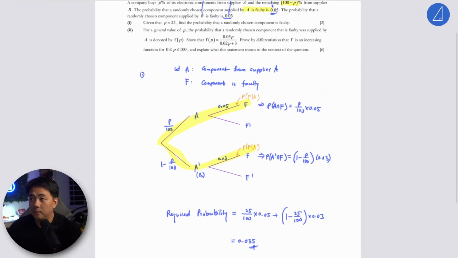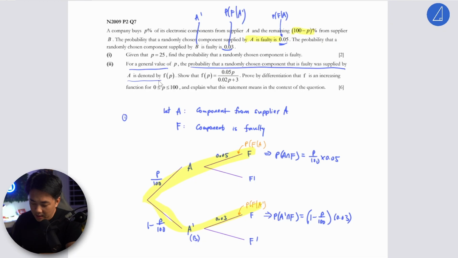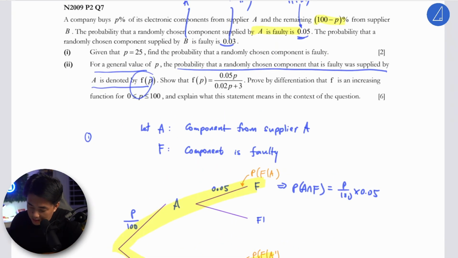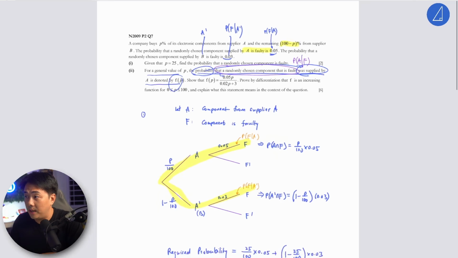Okay, let's look at part 2. For a general value of P, find the probability that a randomly chosen component that is faulty was supplied by A, denoted by f(P). Understand this: the probability that a randomly chosen component is faulty is the condition here, and the probability that it was supplied by A is what we want. So you want P(A given F).